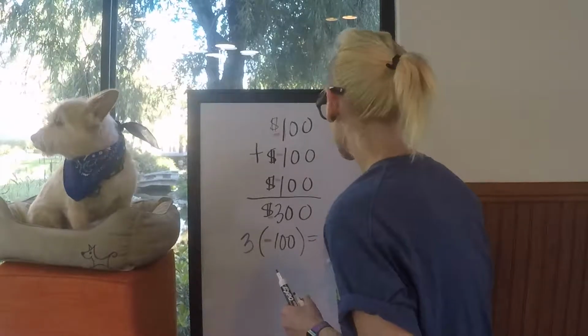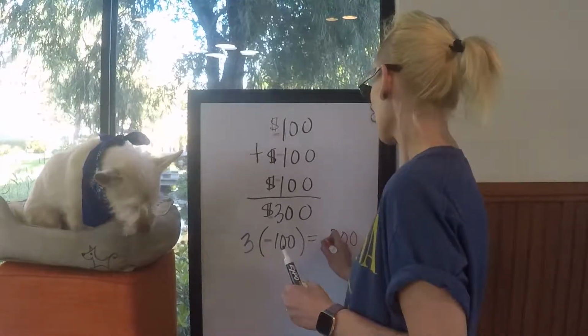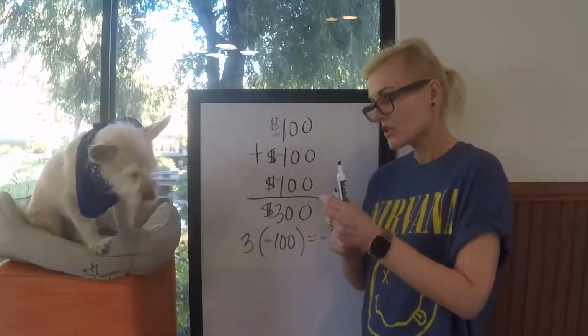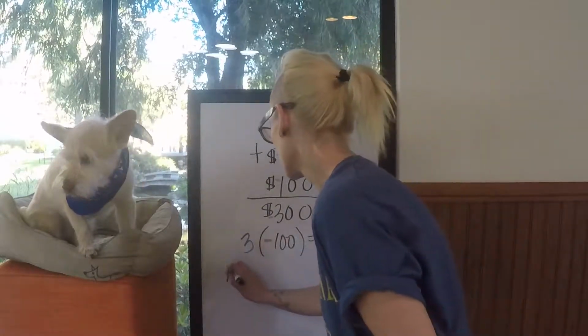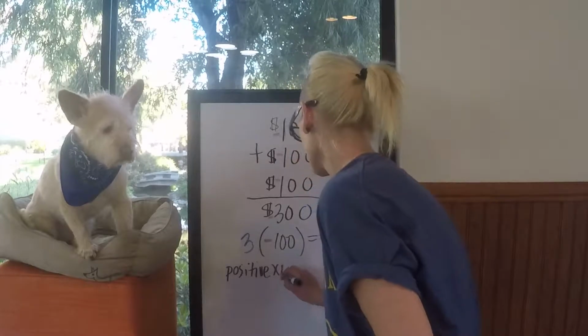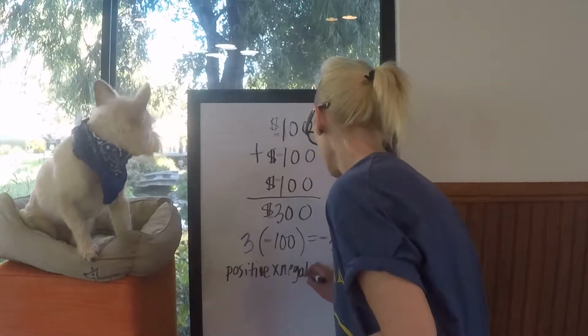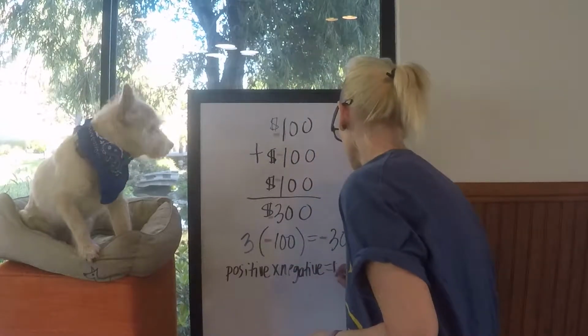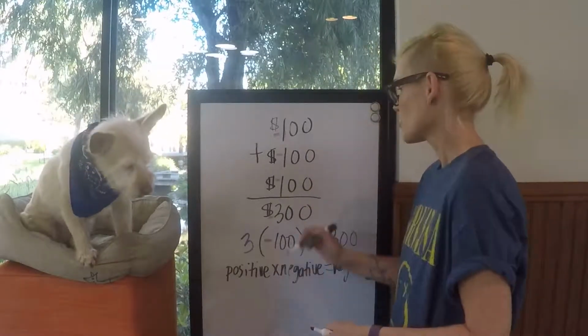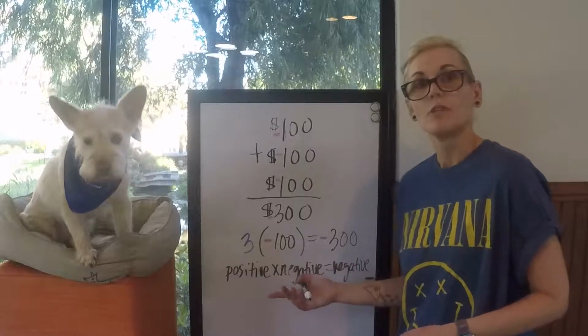So from this example, I can see that positive times negative equals a negative. Using repeat addition, I can come up with that rule.